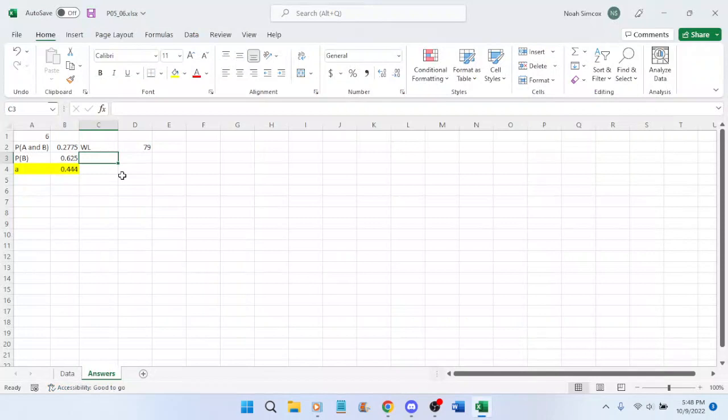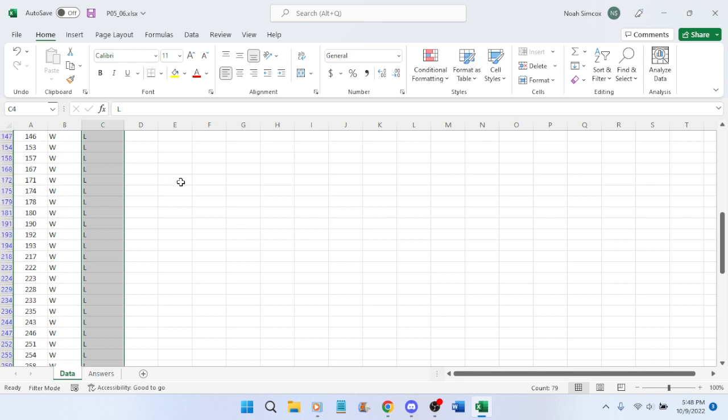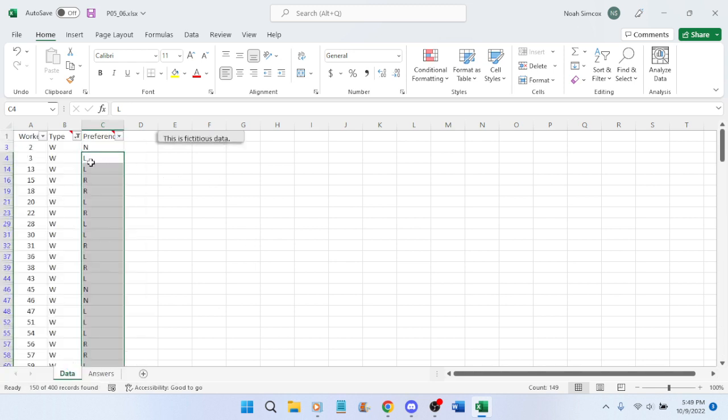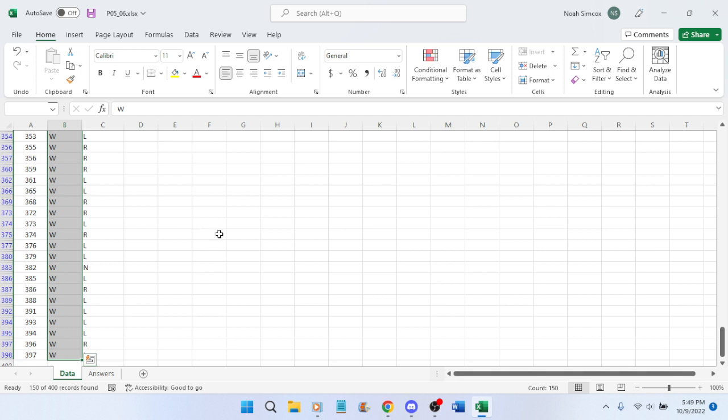The total amount of white-collar workers is, so, any preference? The total number of white-collar workers is 150.